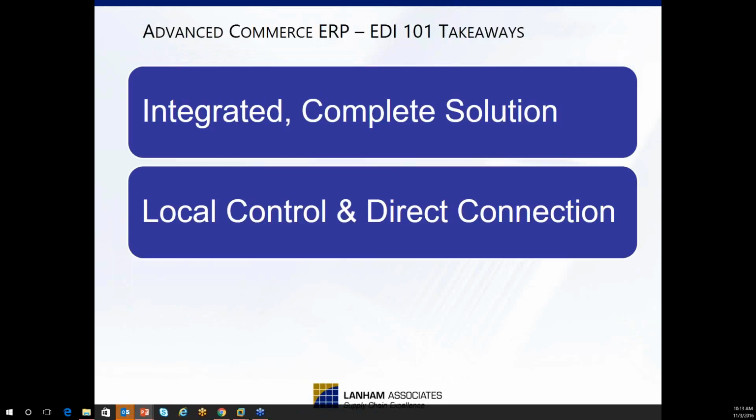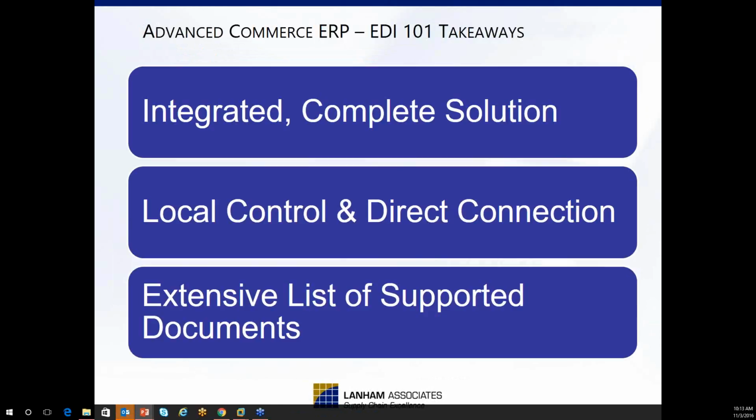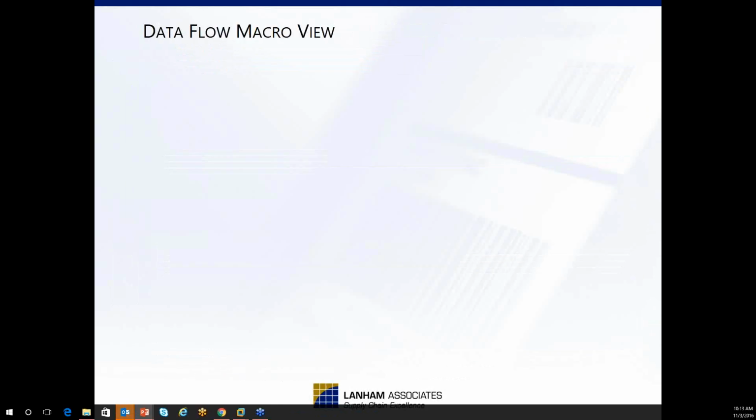It's all right there available to you locally. And the direct connection means that we can go directly to our trading partners and save the costs associated with the VAN, which I'm going to cover next slide.